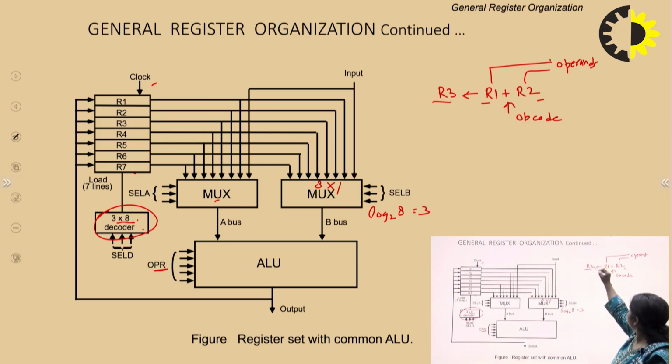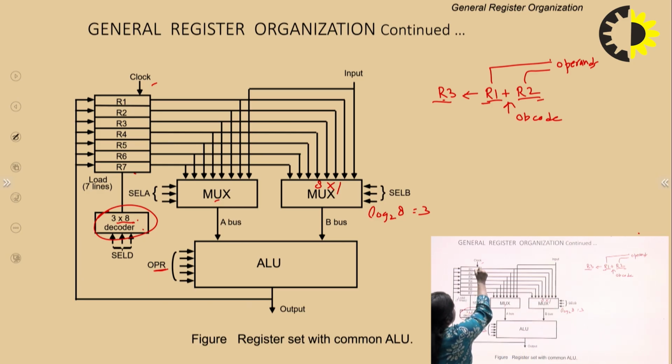If I take the same example again, R3 equals R1 plus R2, it means what? The R1 content and the R2 content will be used, and the result will be stored in R3. You can see here, the R1 content is going in here to the first multiplexer, and the R2 content is going into the other multiplexer. This one is named mux A, and this is mux B, again the same size, 8 cross 1 and 8 cross 1.